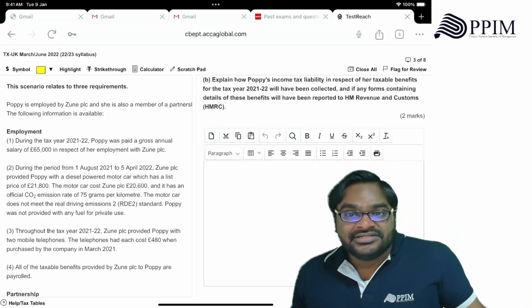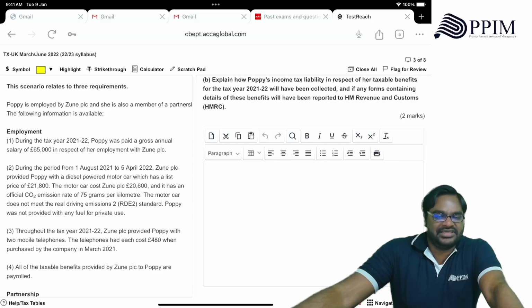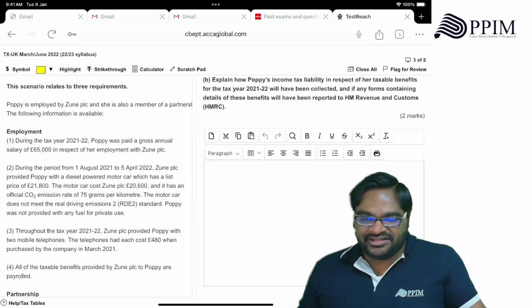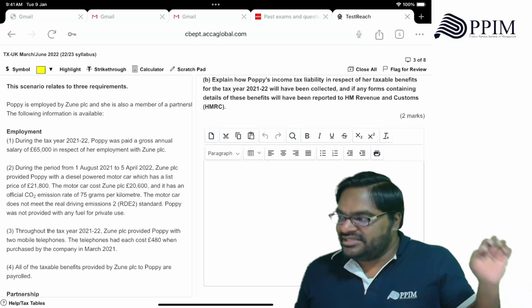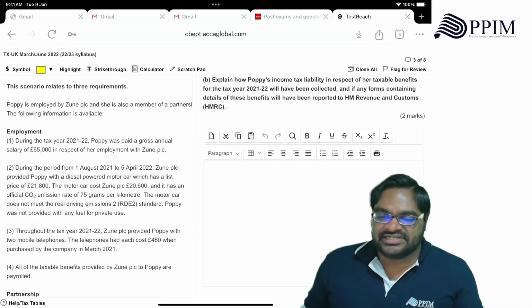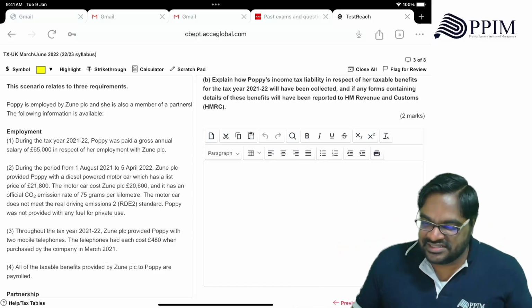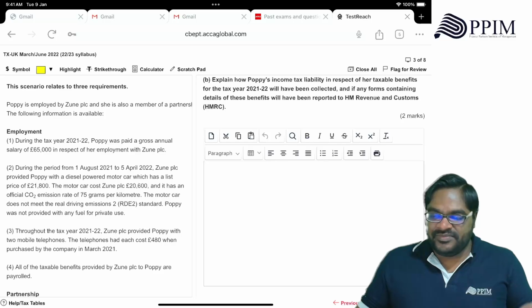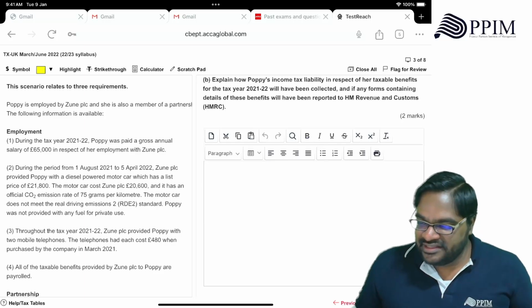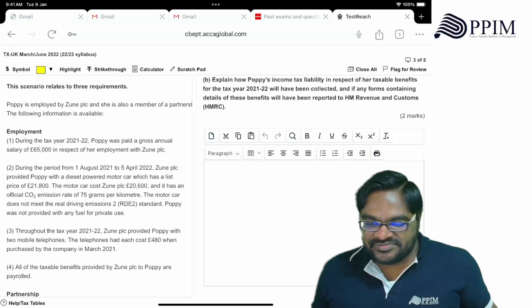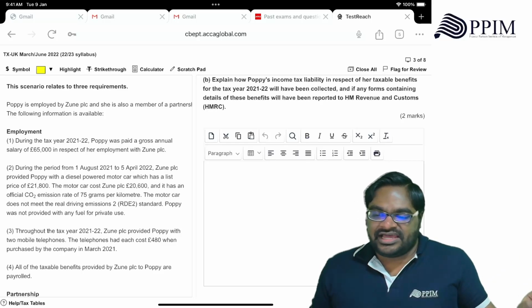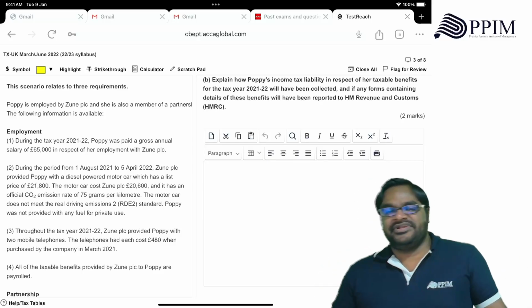So the next one, part B of this question, is: explain how Poppy's income tax liability in respect of her taxable benefits for the tax year will have been collected, and if any forms containing details of these benefits will have been reported to HM Revenue and Customs.